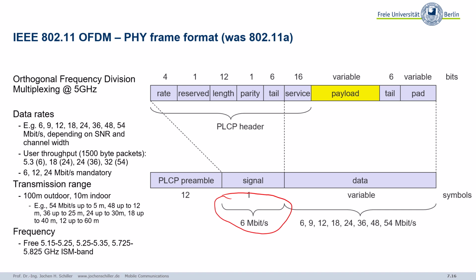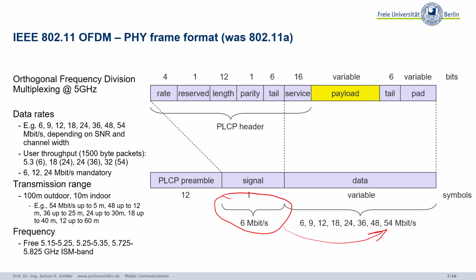That's already pretty high, and it can then jump, especially for the payload, up to 54 megabit per second. So again, a lower data rate and special symbols for the preamble, a lower data rate for the signal part of the header, and then there's a data part with higher data rates.